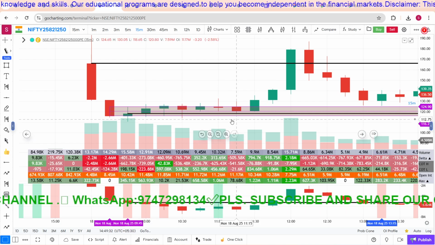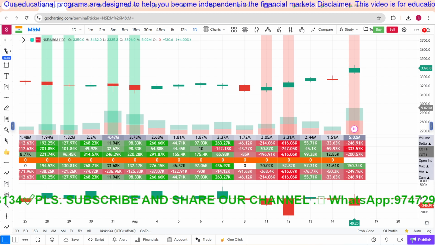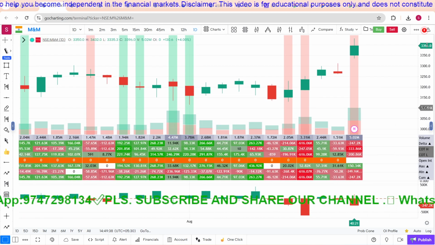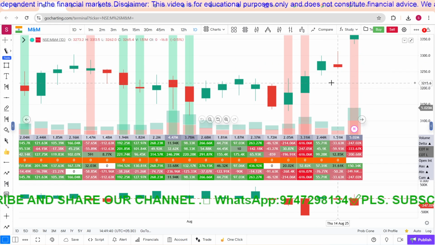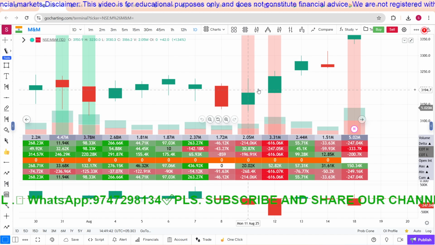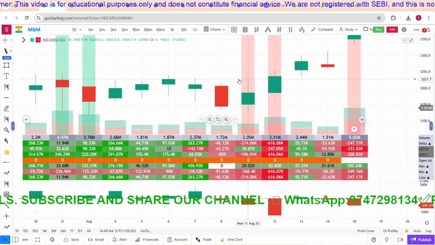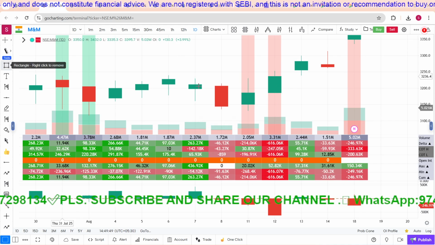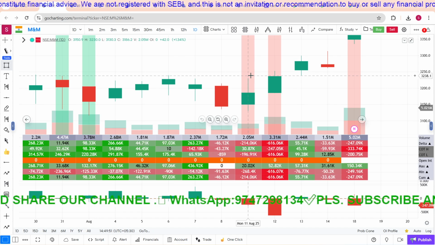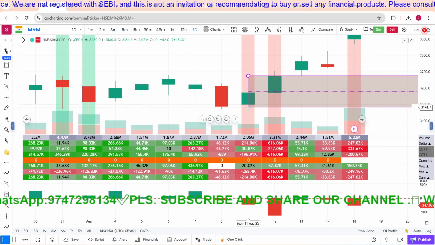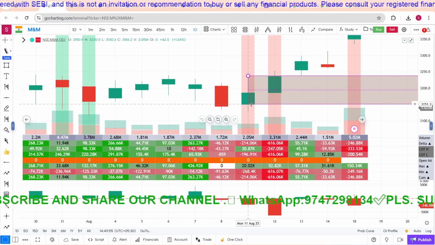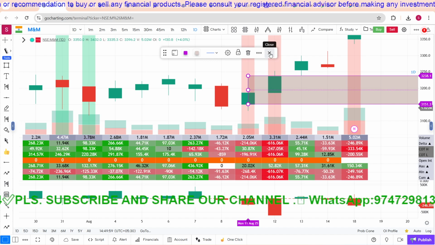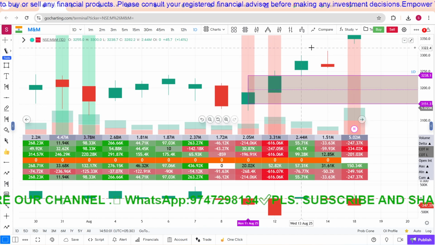In equities also, it is applicable. You see this M&M day chart. We got two delta divergence candles continuously. Correct? So if we draw a rectangle on that, and on this day the breakout happened, after that what happened?